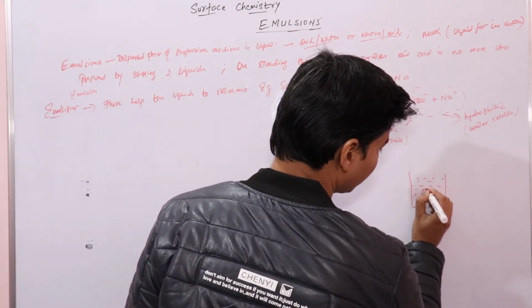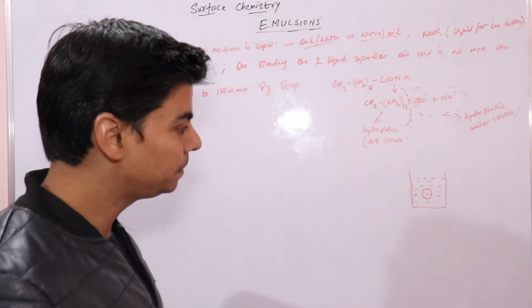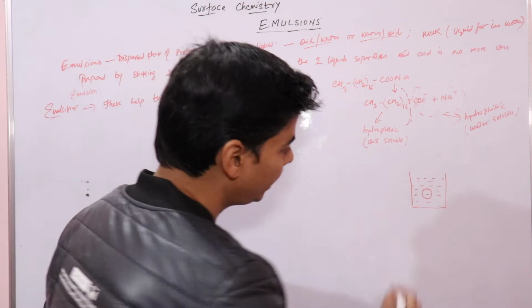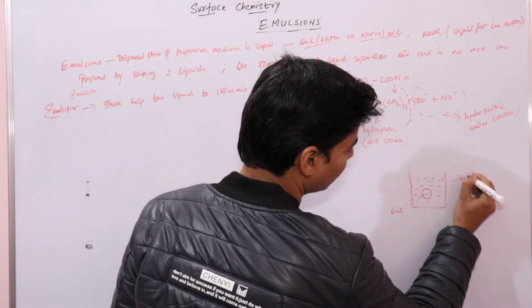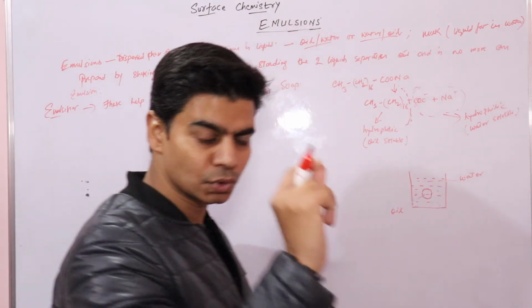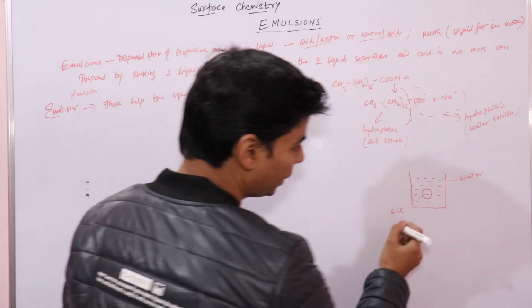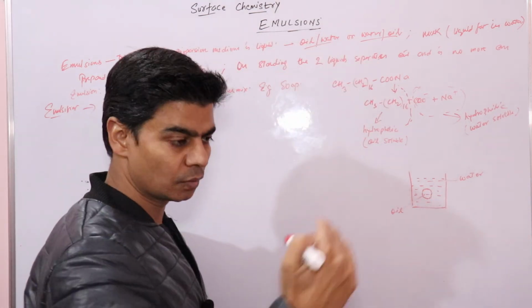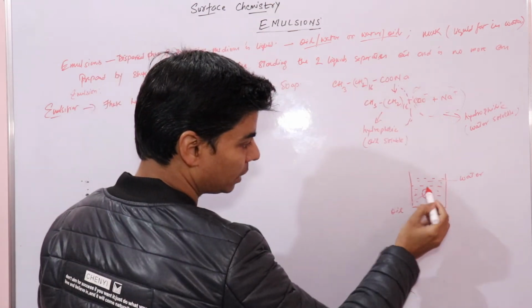What we are trying to understand is how this emulsifying agent, soap, helps the water and oil to intermix. This is your oil and this is your water. Suppose you have a layer of soap around the oil, on the surface of the oil. How will this molecule of soap interact with water and oil?